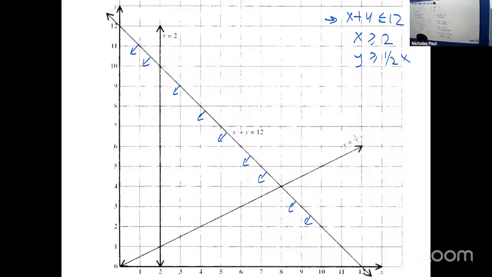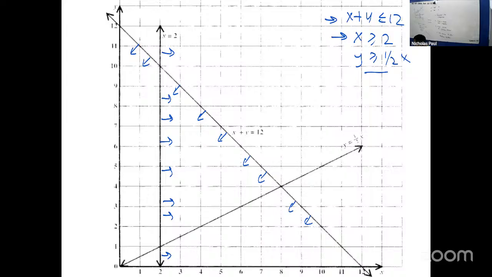Right. Thais, where do I shade x is more than 2? To the right, to the left? Where is more than? To the right. More than is to the right. Last one, Levi.